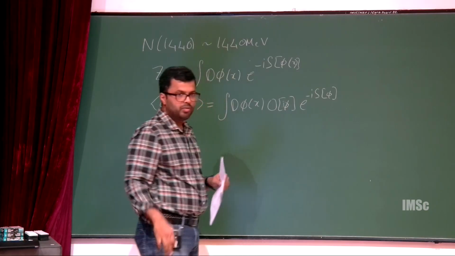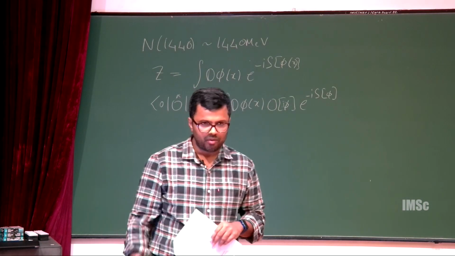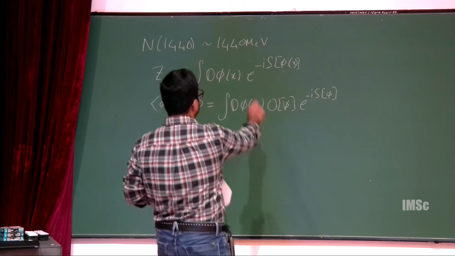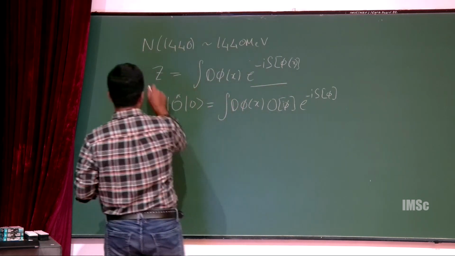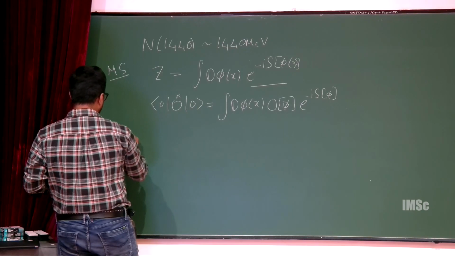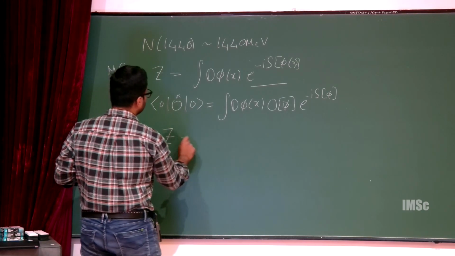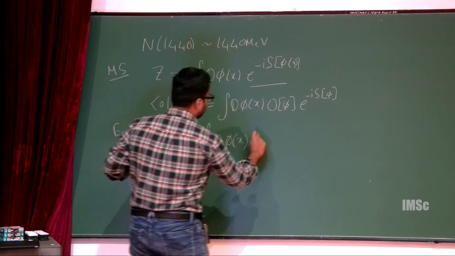Now on the lattice, you already heard Professor Haidar's talk, we do a Wick rotation. Your this part of the Lagrangian, which in Minkowski space looks like this, if you go to Euclidean space, you basically have this.